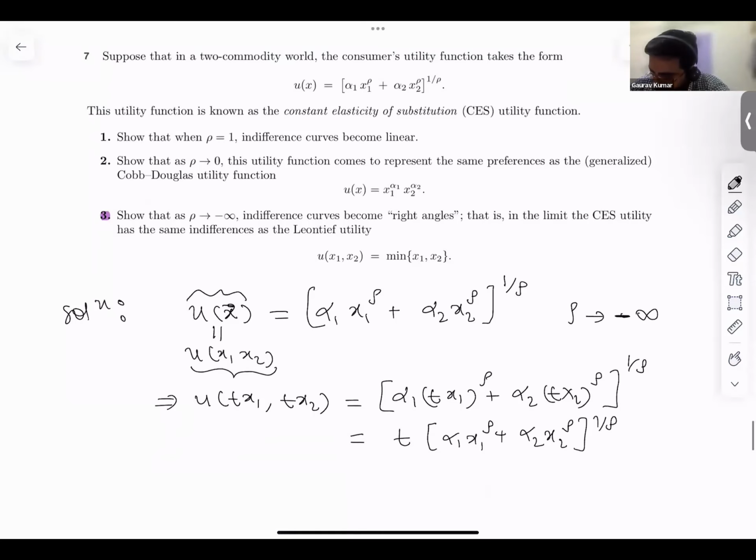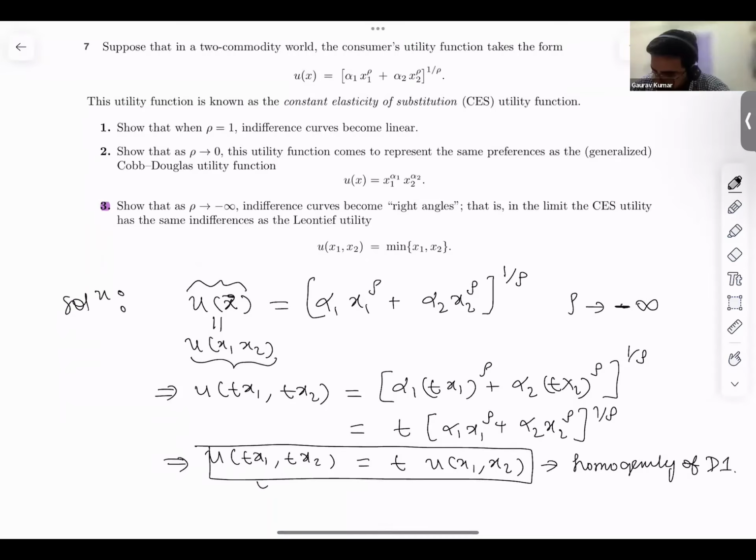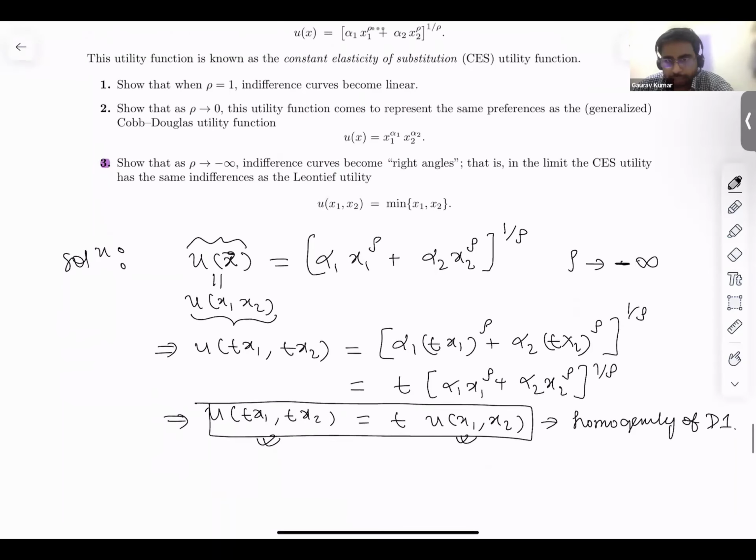Now you must have studied this. This is homogeneity of degree 1. So this utility function is homogeneous of degree 1. I've shown you how that is happening.